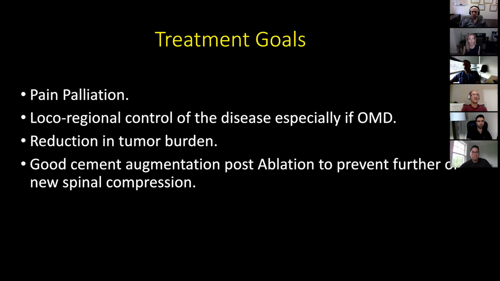So no matter how you plan it, if you have destruction of the posterior cortex and you think that you will not be able to put cement in, don't ablate, because you'll cause more problems than really help the patient. So the goal has to be ablation and cementation, not just ablation only. In a non-weight-bearing bone, yes, you can just ablate and you're good to go. But in a weight-bearing bone, absolutely, you need to have cement on the back end.